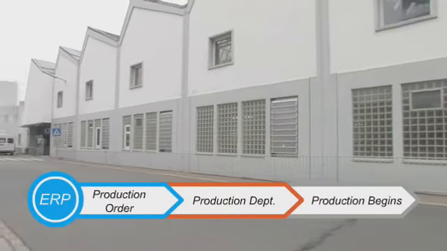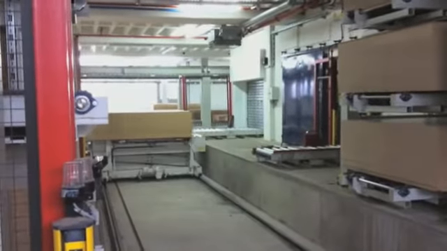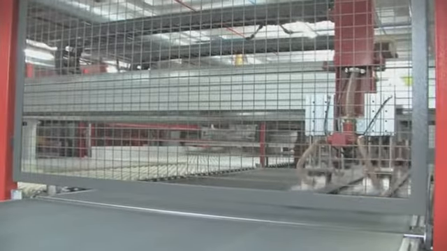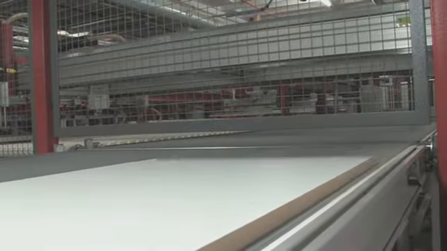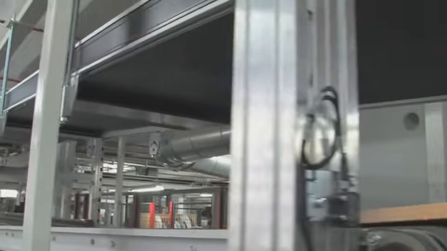Now in the VS furniture manufacturing facilities, the production of the needed tables is prepared and triggered. The raw table boards are taken from storage and carried to the manufacturing facility. Here they are automatically unpacked and put onto the cutting unit. Each board is cut to the required size.